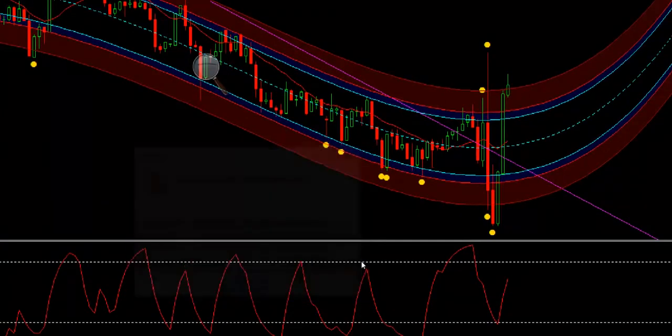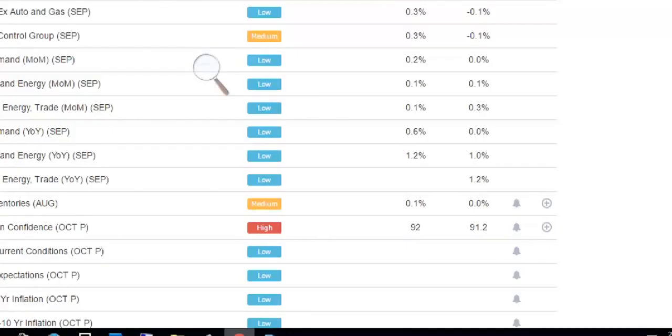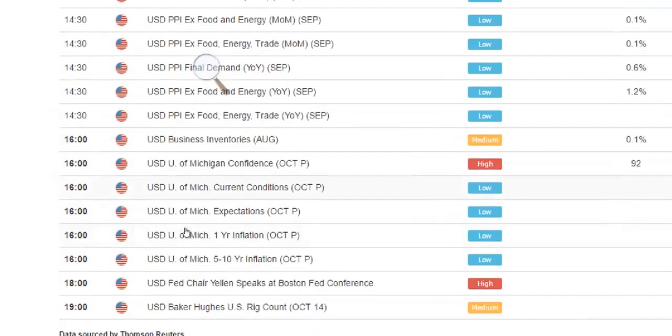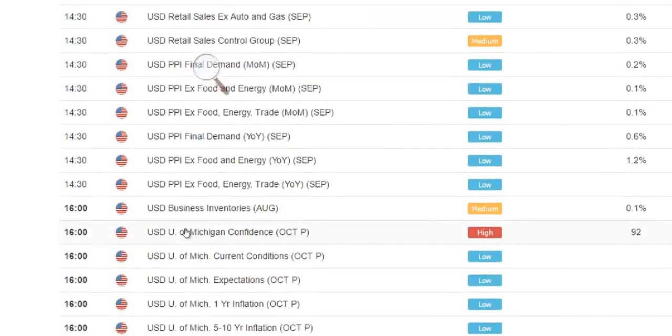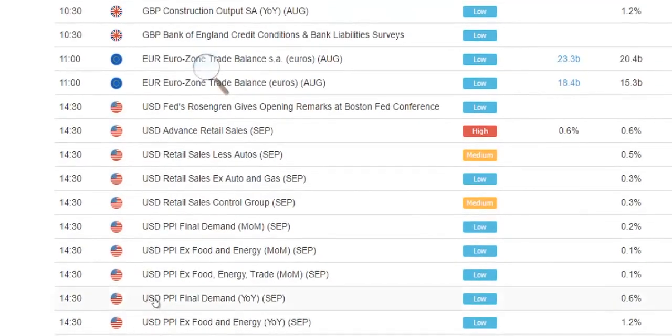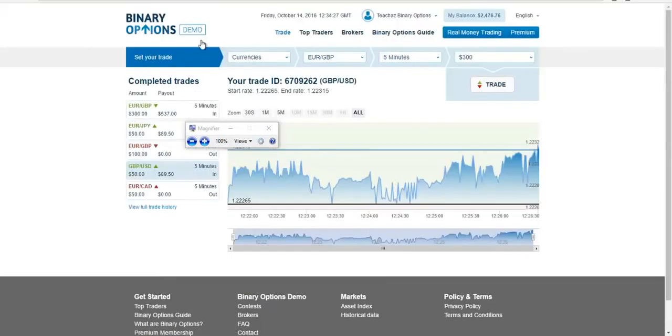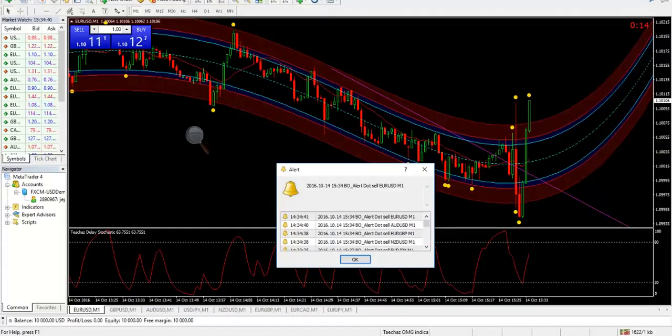So anything that has anything to do with the USD is going to be affected, as you can see here. Another thing, if you don't know, when you just get this signal, sometimes you can just trade, but it's wise to know that you have to avoid trading over the news time.